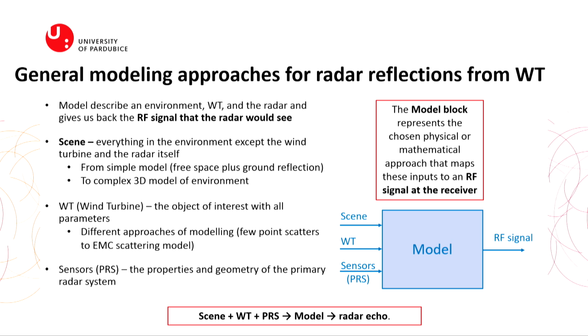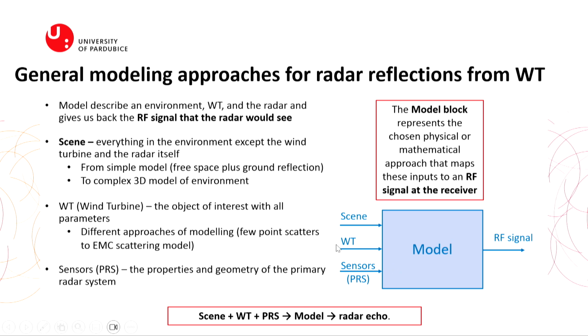So it is everything in the environment except two things, wind turbines and radar, because wind turbines are another input for me, and the last input is the sensor, or primary radar system.